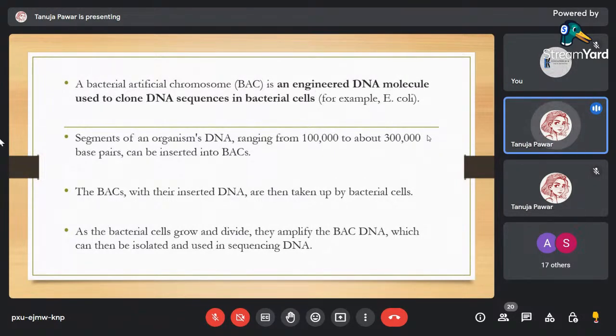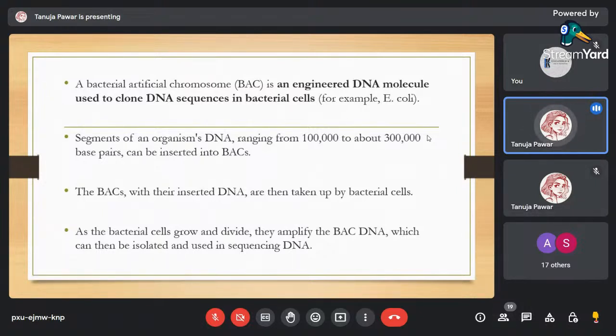A bacterial artificial chromosome is an engineered DNA molecule used to clone DNA sequences in bacterial cells. We create that bacterial artificial chromosome, and the cloning of that DNA molecule is done inside a bacterial cell, for which we can use bacteria like E. coli.